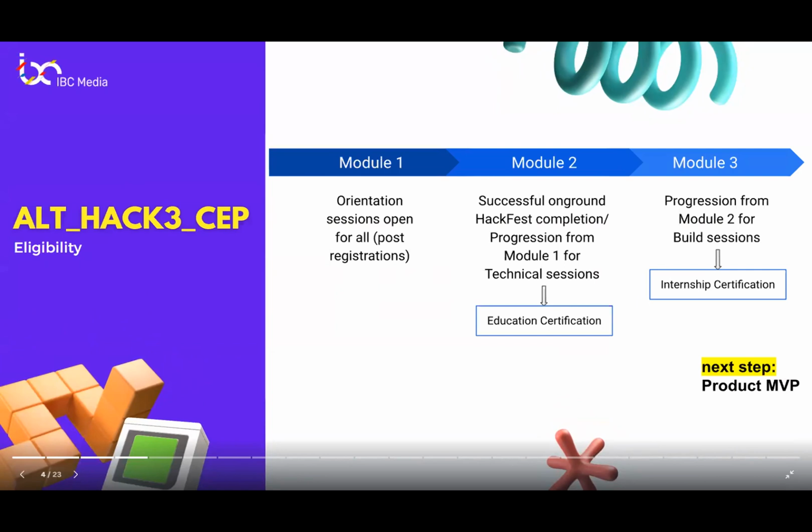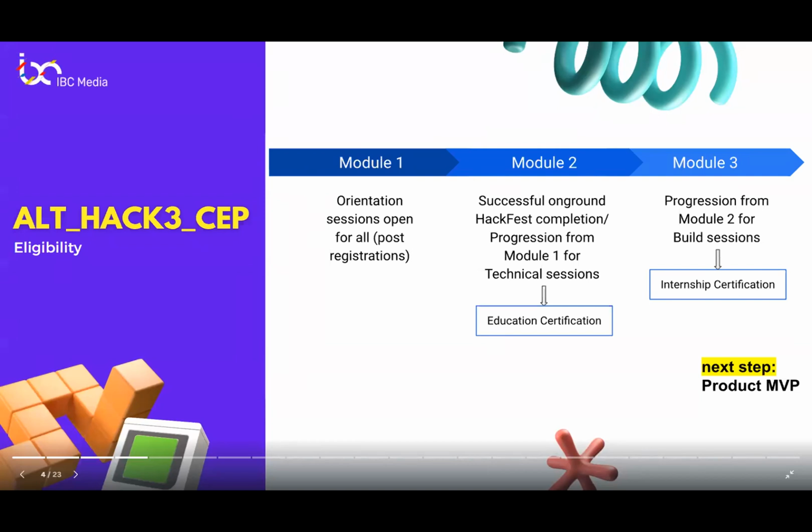We understand your limitations in terms of your college and your other commitments. That is where the program, the way we have architected it, takes care of your other commitments, so that if you have the intention and the drive, you can definitely be a part of this and finish it for yourself, right?